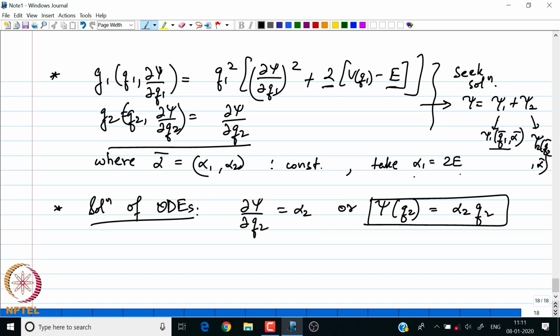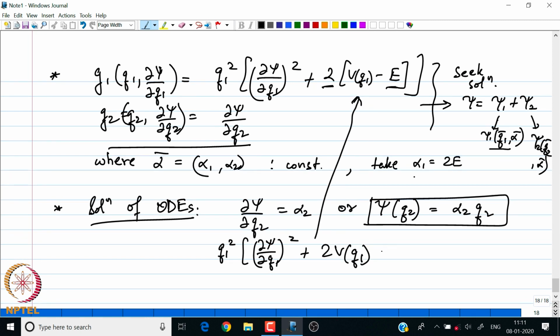2D problem, two constants. So psi of q2 is as follows, and then for the first case we have q1 square del psi del q1 whole square plus 2V of q1 minus alpha 1, plus alpha 2 square is equal to 0, right.